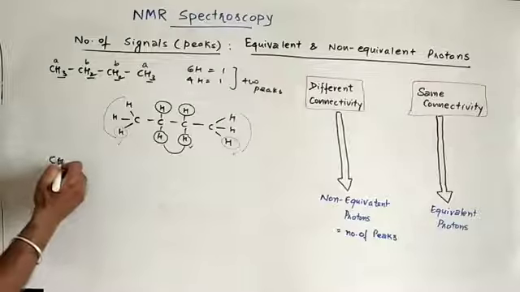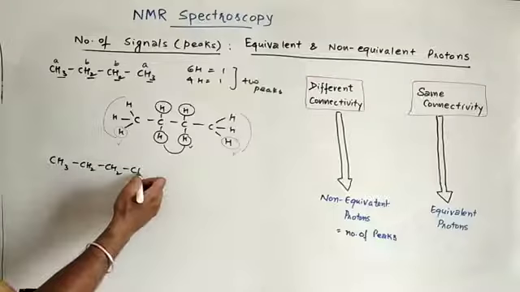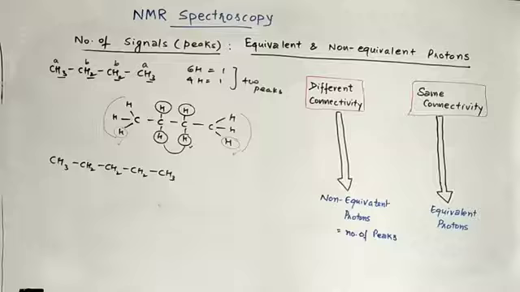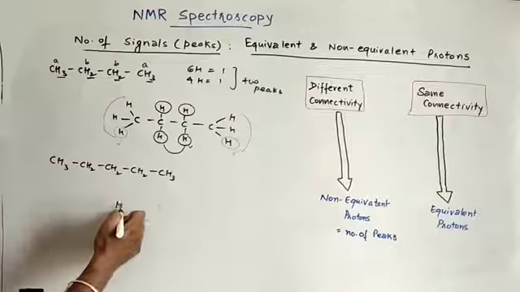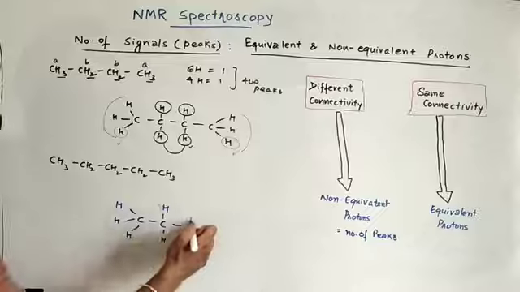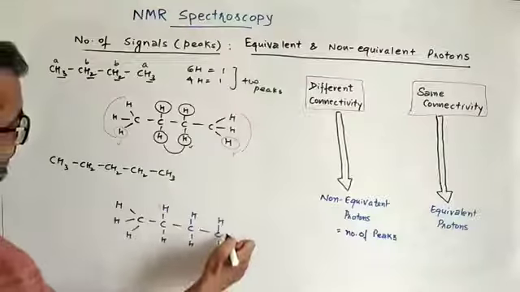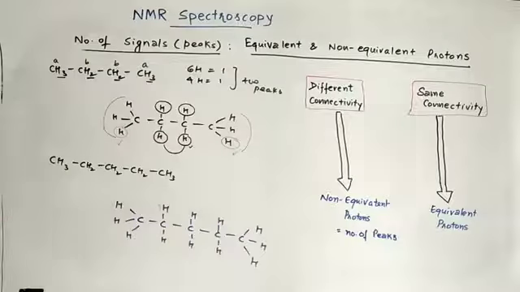Okay, next example. CH3, CH2, CH2, CH2, CH3, pentane. Now, see this structure. If we compare the connectivity, first open up the structure to better understand the concept. Do it carefully and slowly, understanding each and everything.